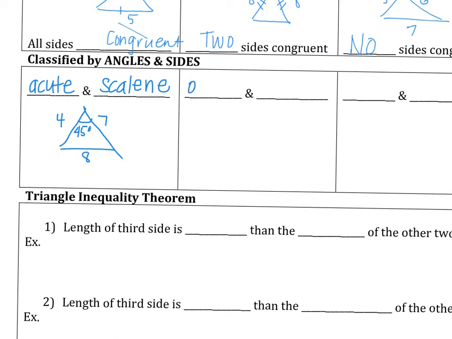If it's obtuse, which represents the angle, and an isosceles, which is its sides, then that one would have the measure of 2 of its sides would be the same, and one of its angles would be greater than 90.